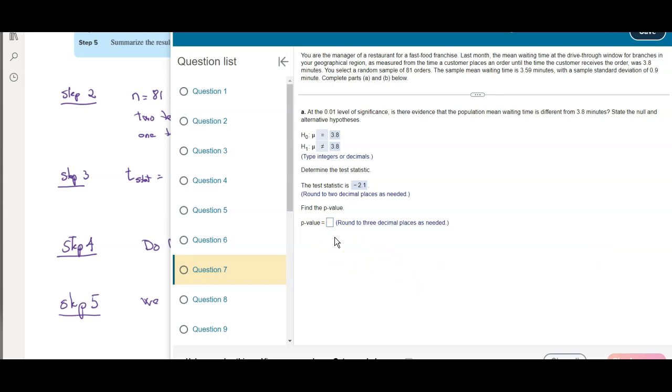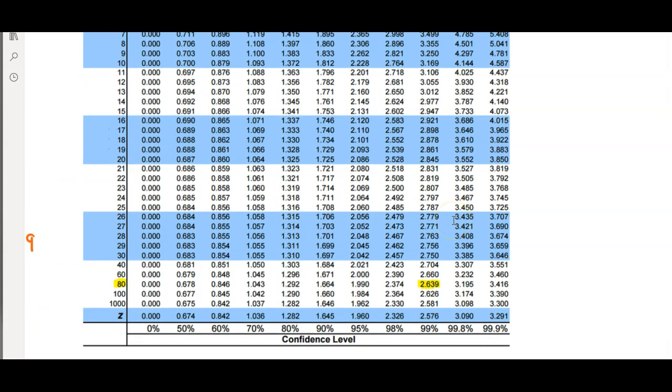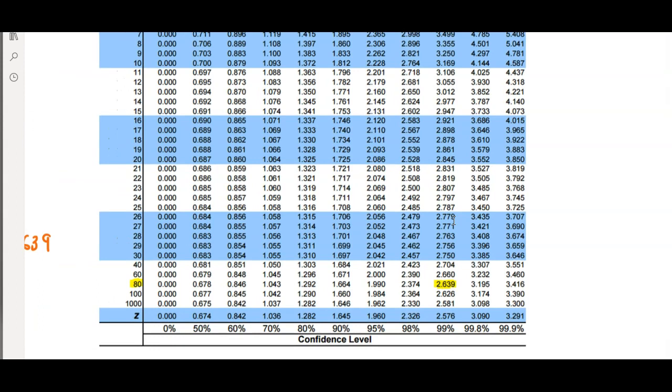So the p-value here, we can read it through the table. However, I don't know if it's going to be precise. So minus 2.1. Remember, you are in degree of freedom 80 and you have 2.1. So 2.1 is going to be between these two values, this one and this one, right?